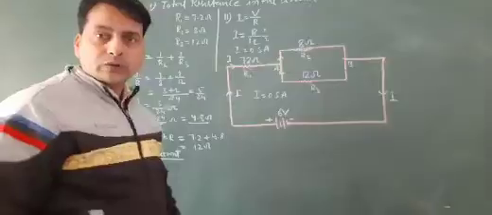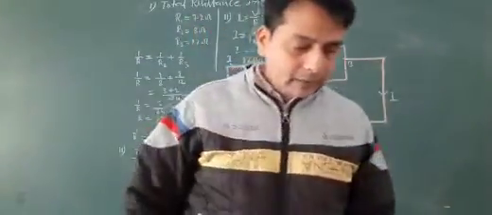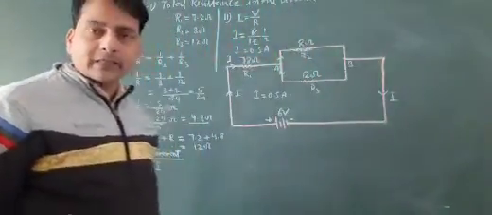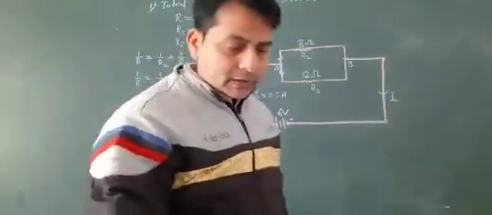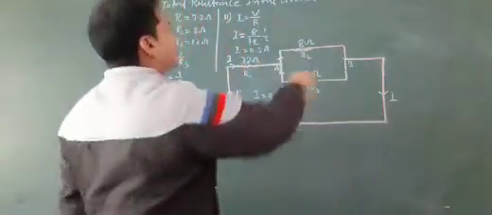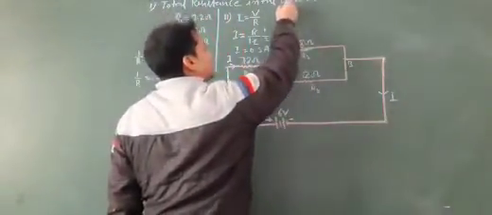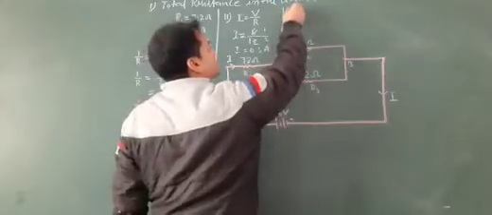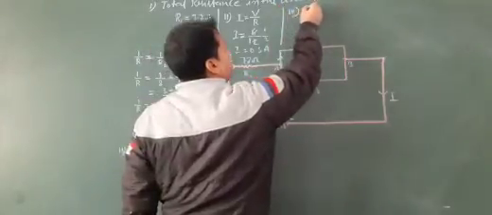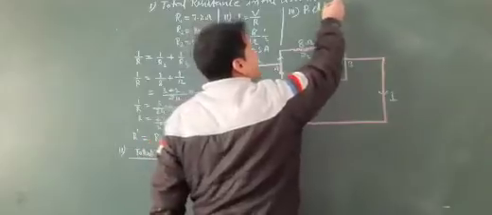Now the next question in this circuit diagram: the potential difference across R1.